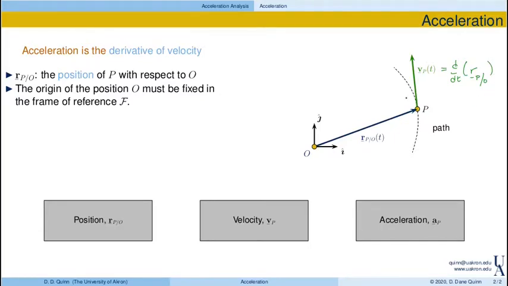So again, we've already seen that. Now acceleration becomes, well, basically the derivative of that.